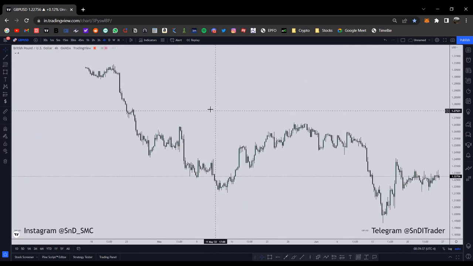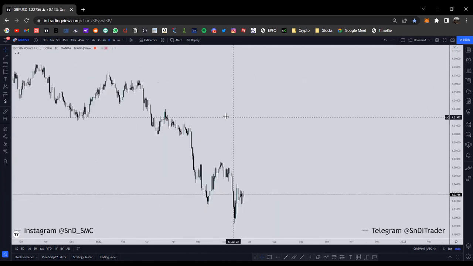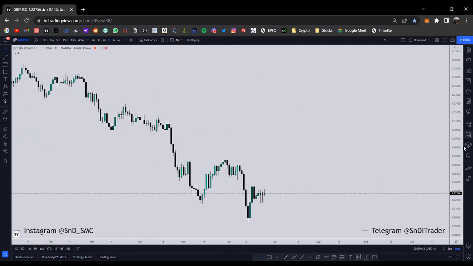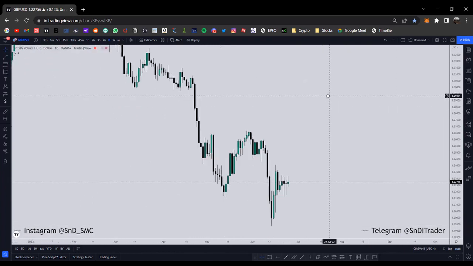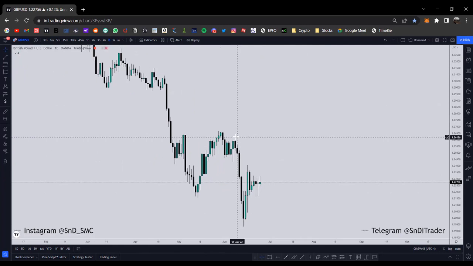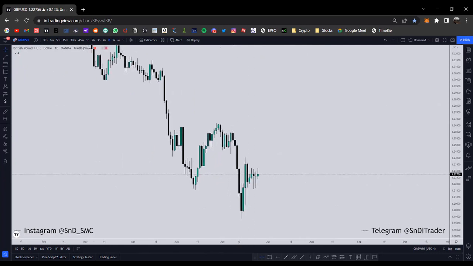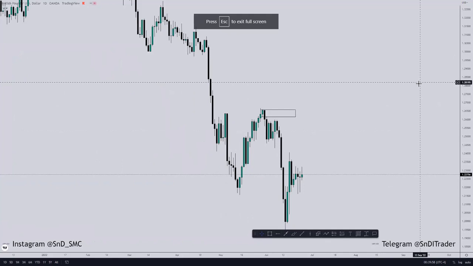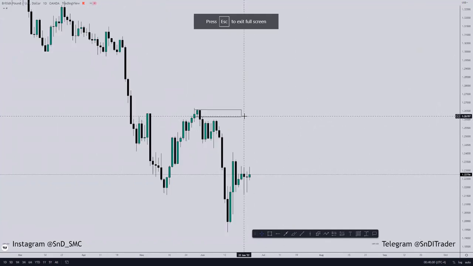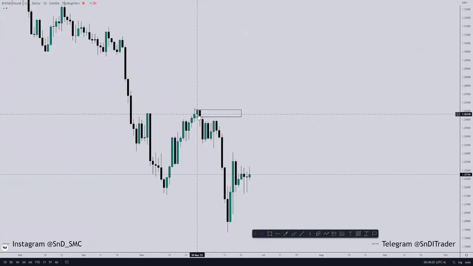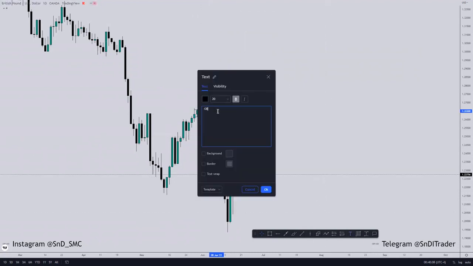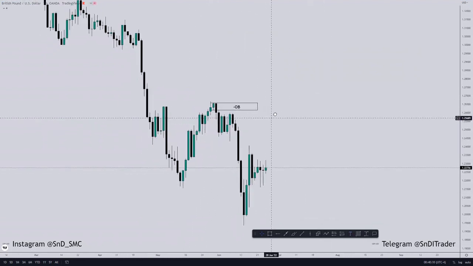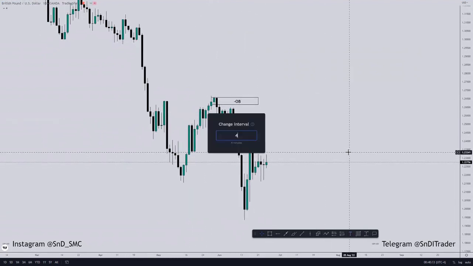In this case, we have this candle as a bearish order block, because this is the last bullish candle which is responsible for the down move.